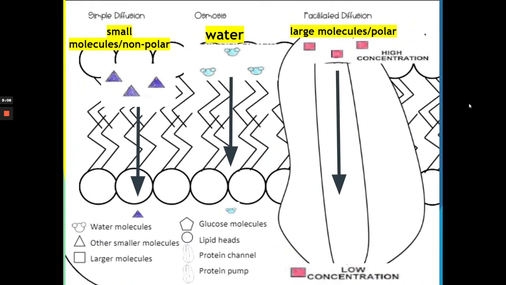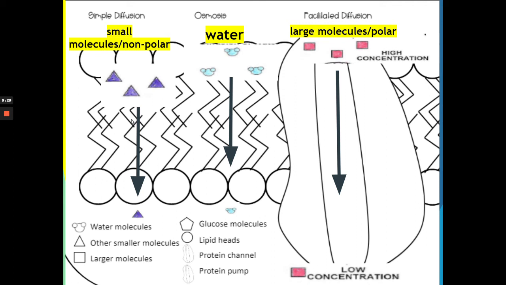So when we look at all of these together, simple diffusion, really small molecules that are nonpolar are going to move from a high concentration to a low concentration. Same thing with water. The water molecules, H2O, are going to move from high to low concentration. And then the larger polar molecules are going to move from high to low concentration.